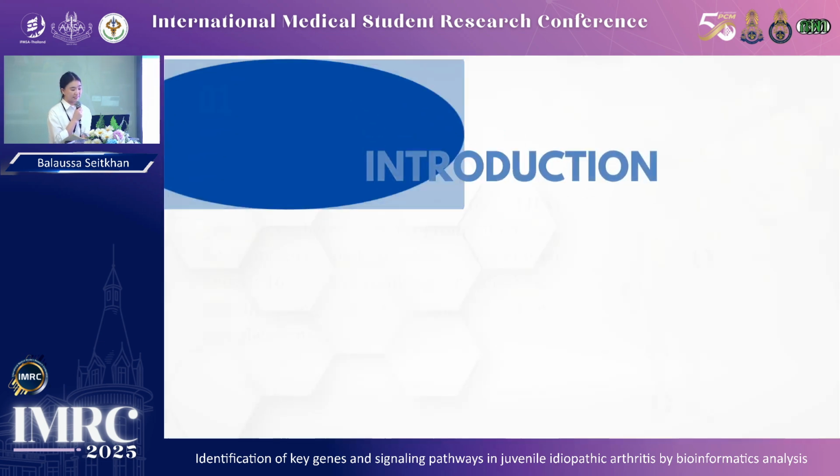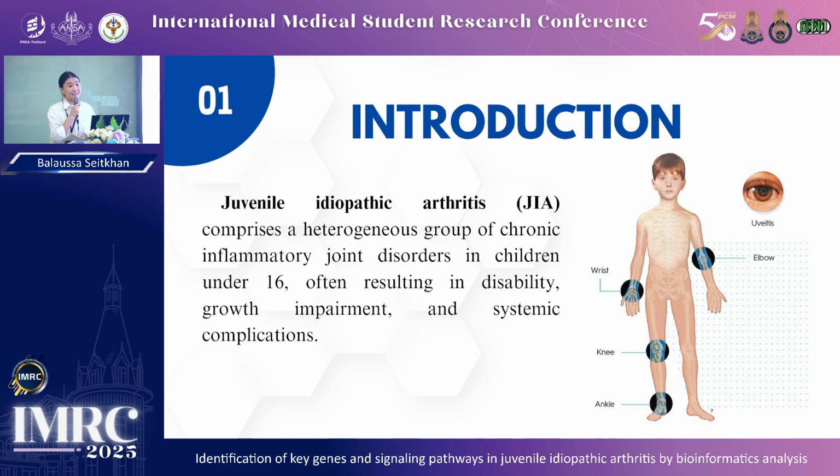Juvenile idiopathic arthritis, or JIA, is an autoimmune disease that occurs in children under 16 and causes persistent inflammatory processes, not only in the joints, but also in internal organs, eyes, and so on.